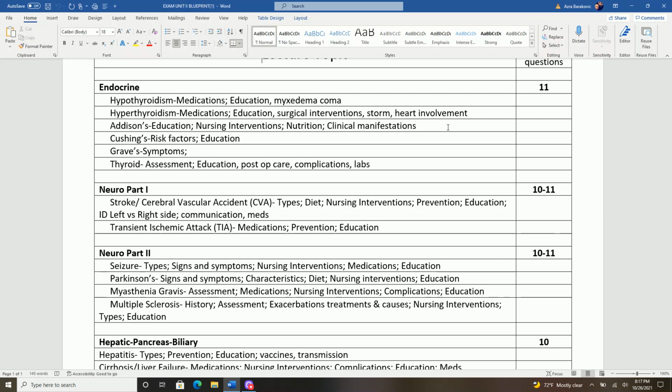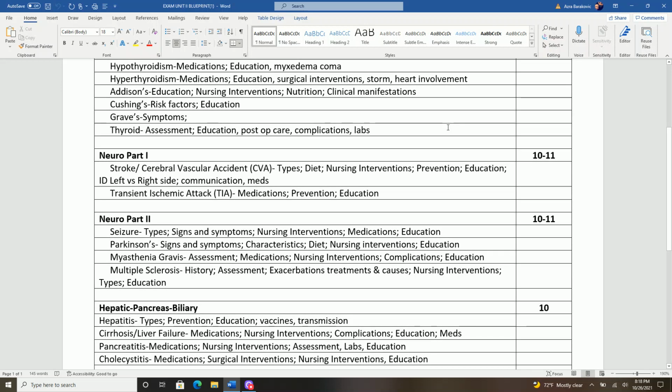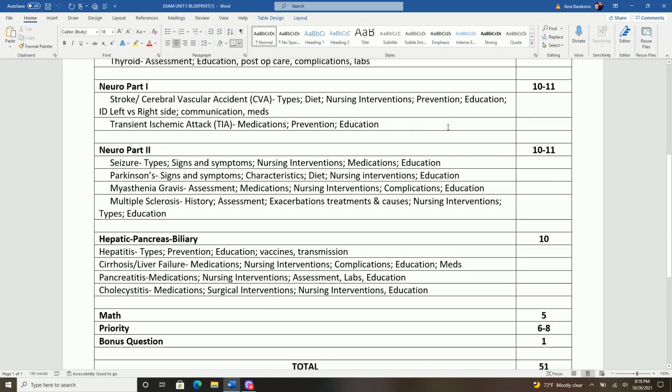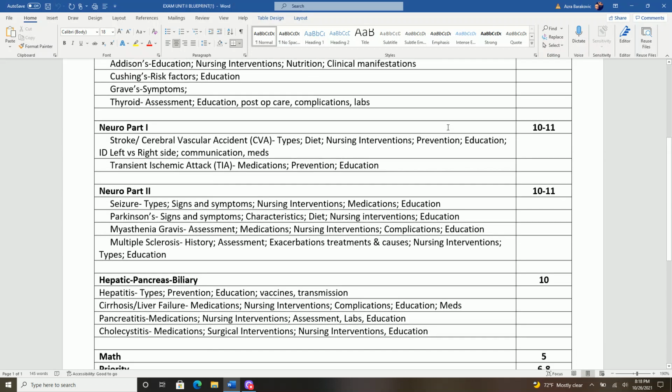So remember, in hypothyroidism, the TSH is actually going to be elevated. And in hyperthyroidism, the TSH is going to be low. So there's a little bit of an inverse relationship there. And that's pretty much all you need to know about thyroid and Addison's and Cushing's.